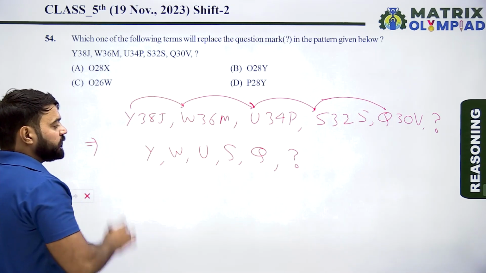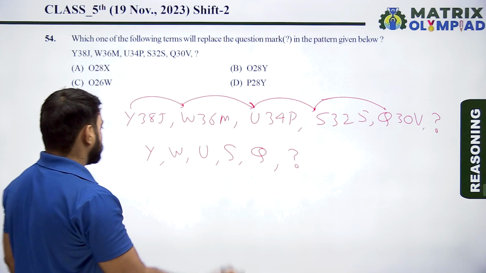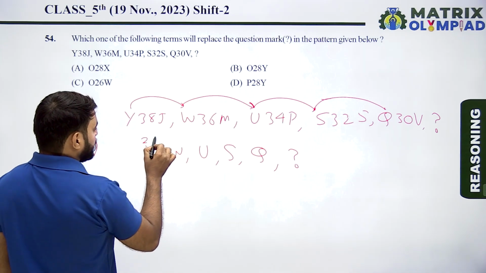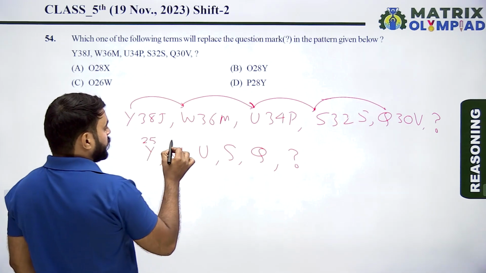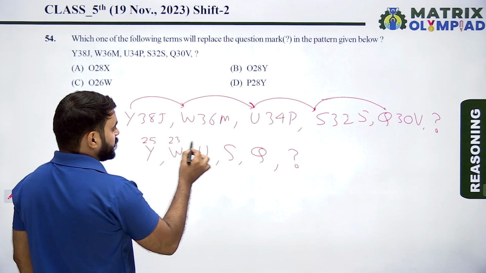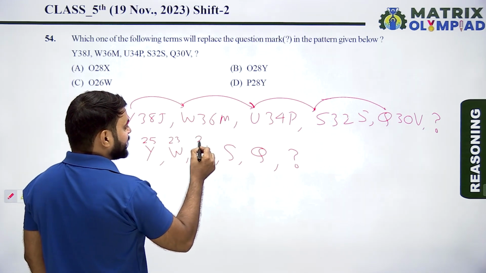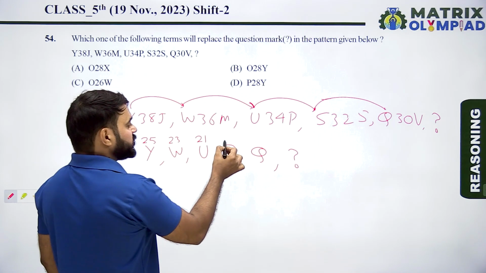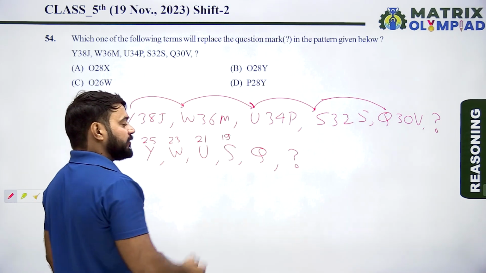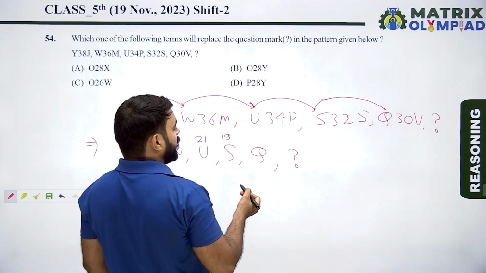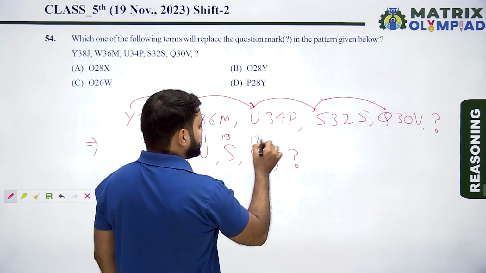So position of Y in English alphabet is 25. Position of W in English alphabet is 23. Position of U is 21. Position of S is 19. Position of Q is 17.